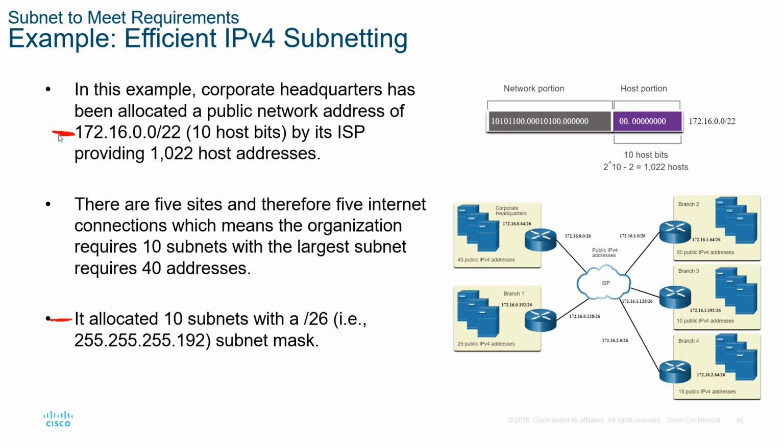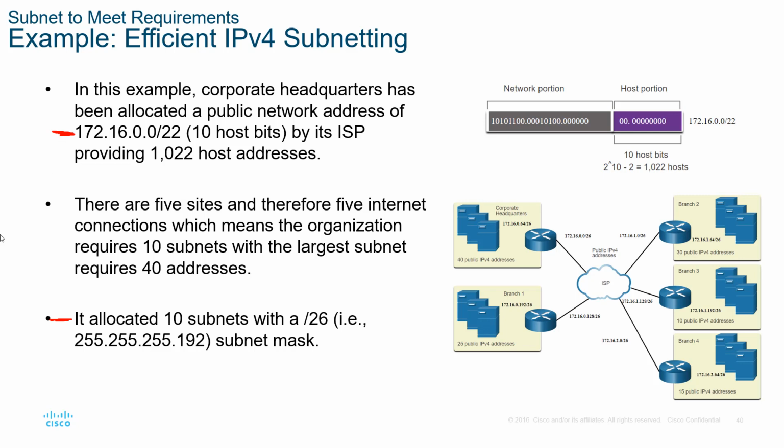So you have to keep in mind when you're doing the calculations, how many addresses do you need? How many networks do you need? Those two pieces of information allow you to calculate how many networks and how many hosts. We get the /26 because we really do not need that many public addresses.